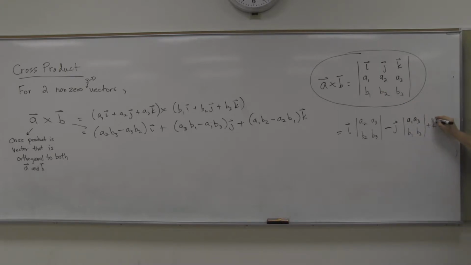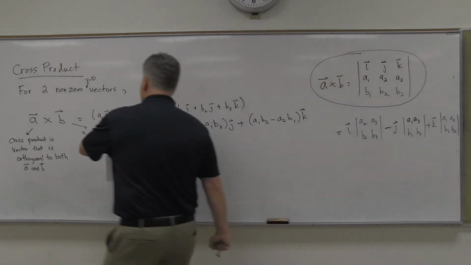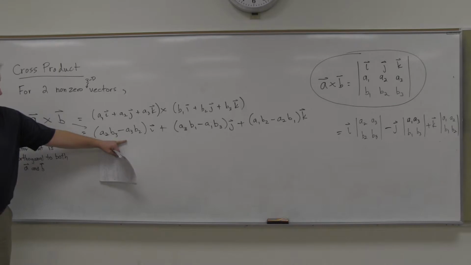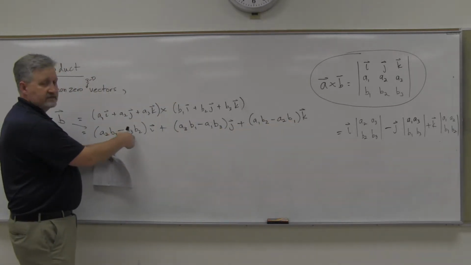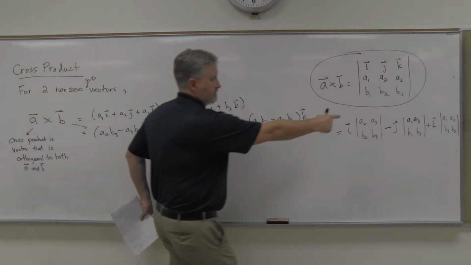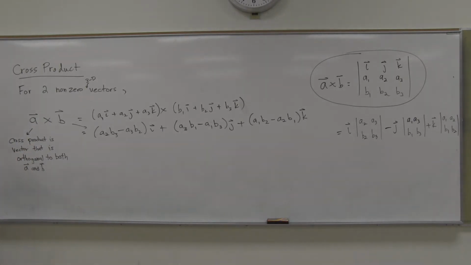And then plus K: forget the top line and the last column, so you have A1, A2, B1, B2. You can see where those come from. That first determinant is A2 times B3 minus A3 times B2. That's where that comes from.